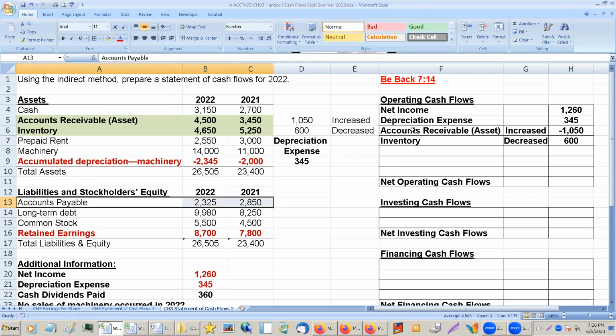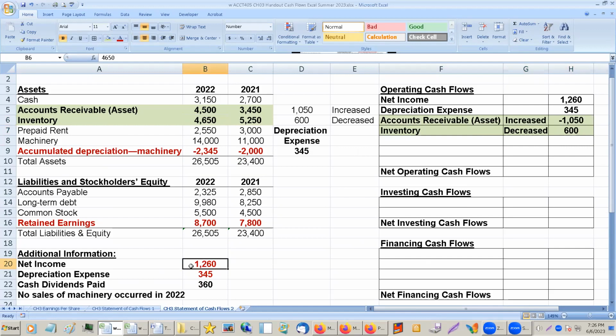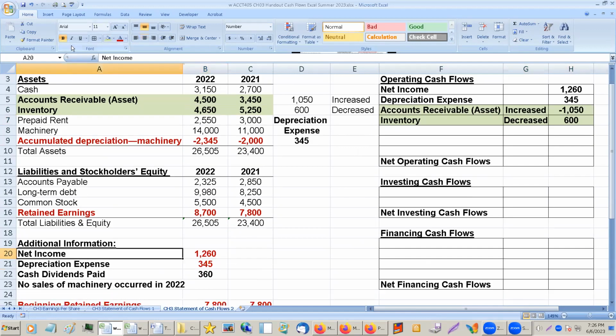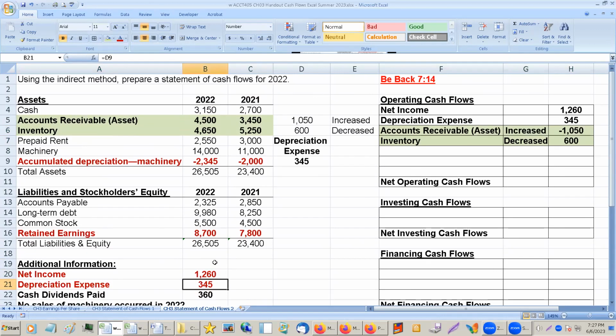Excuse me, where'd you get the 1260 from? Up top, when they come at net income? Yeah, that's this thing. That's down here. Oh, okay. And they're gonna make you calculate that in the homework problem. I always hate that when they have the missing number. You never see that in real life.